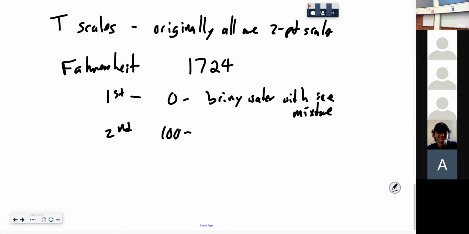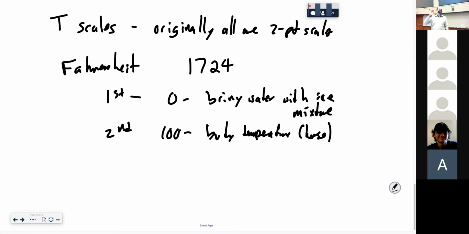Apparently they used horses instead of people. I don't know if there are any horse experts in the class, but apparently horse body temperatures are slightly higher than human body temperatures. So 100 is basically the body temperature of a horse, and so humans come out just a little bit below 100.